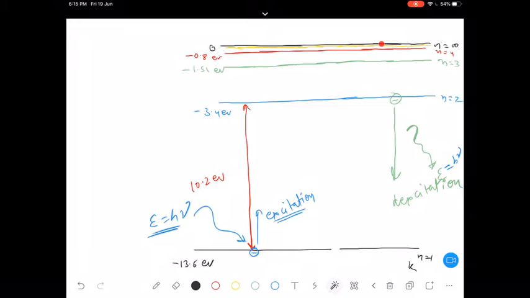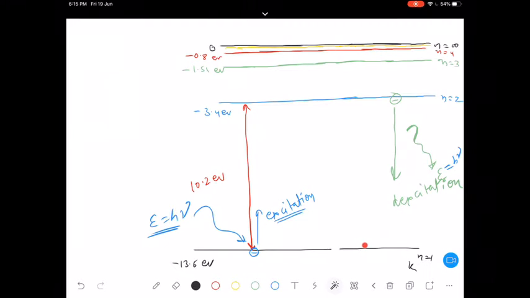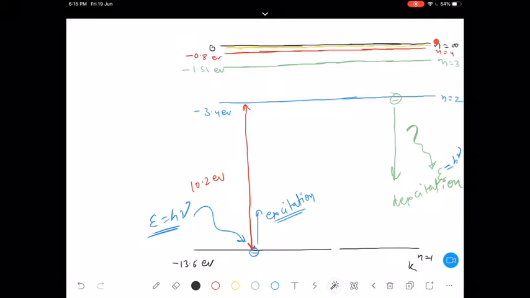So ionization is what? It is exciting an electron from the ground state or from any state to ultimately n equals infinity, so that the atom is ionized. It means that electron is now not part of that atom, it is free from the influence of that nucleus.